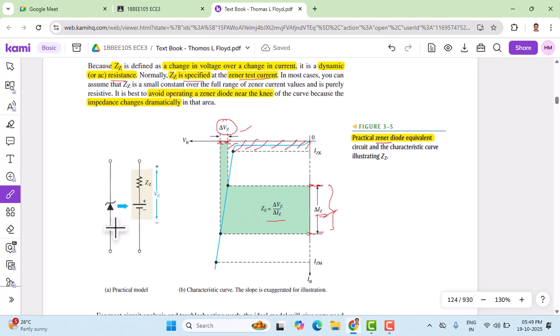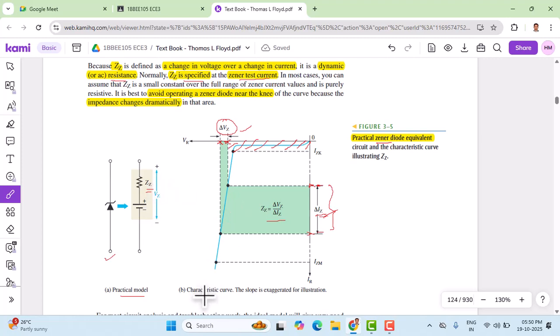So here we have a Zener diode equivalent for the practical model. As usual, the first one shows the Zener symbolic representation, with a Z symbol on the top of this arrow mark. This is the Zener diode symbol, and its equivalent practical model contains a voltage VZ, along with the impedance, shown for the practical Zener diode model.